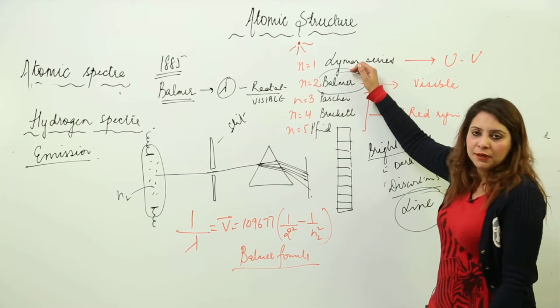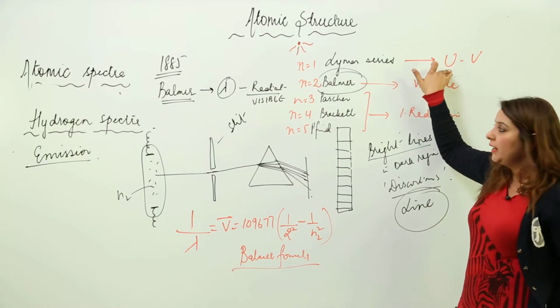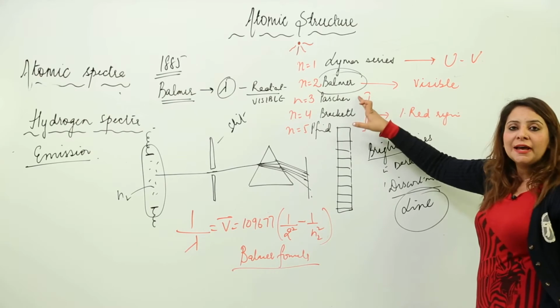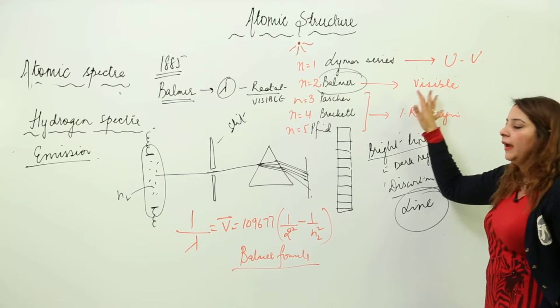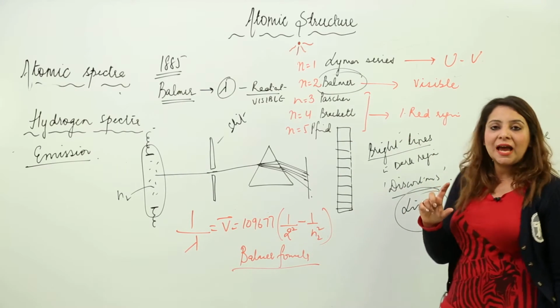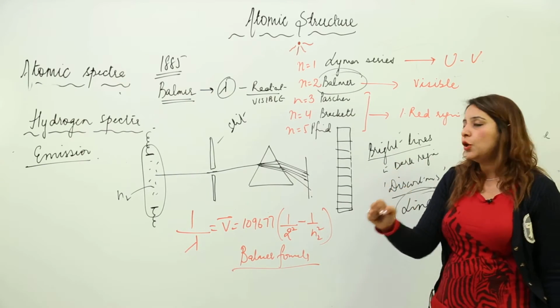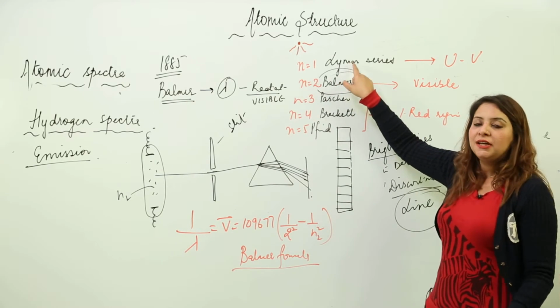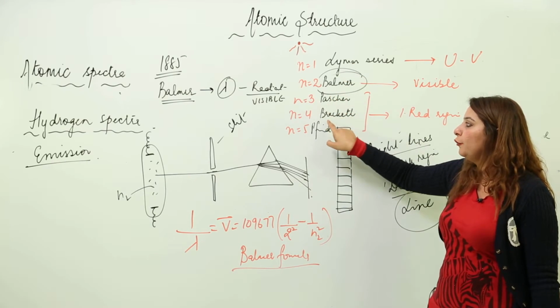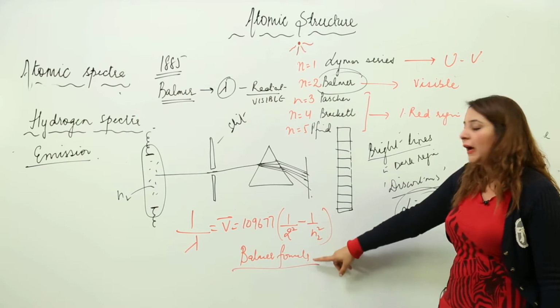So we have Lyman, which falls in the ultraviolet, Balmer in the visible, and Paschen, Brackett and Pfund in the infrared region. As they occur we specify them with n also: for Lyman n is equal to 1, and then 2, 3, 4 and 5. And what is the Balmer formula?